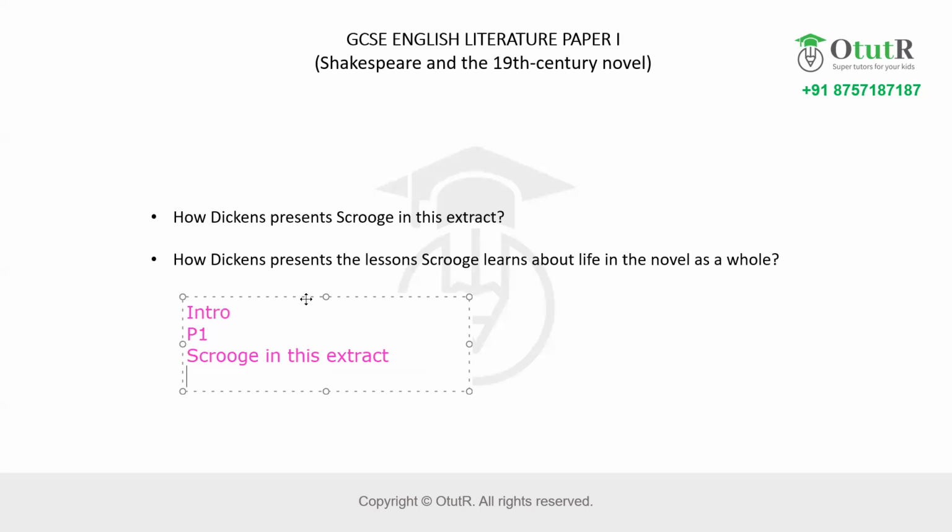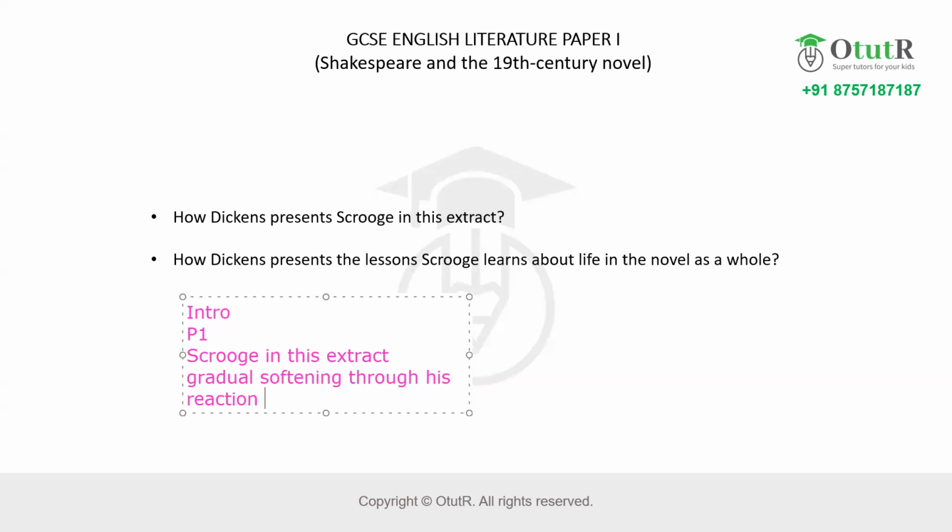Dickens shows Scrooge's gradual softening through his reaction to the Cratchit family. Or you can just say the Cratchits.